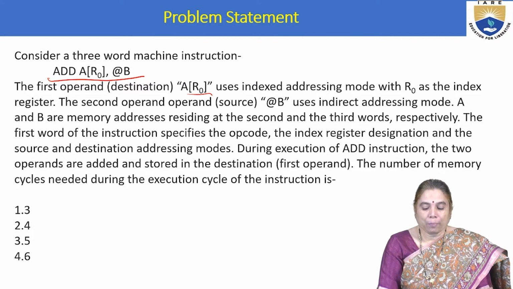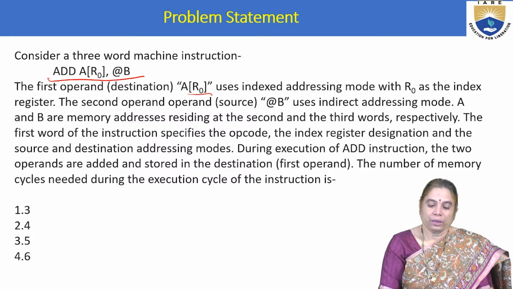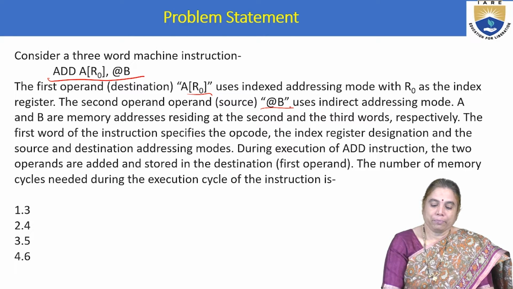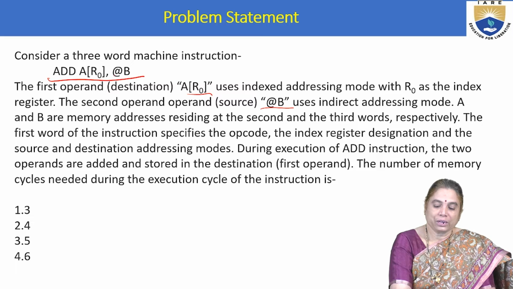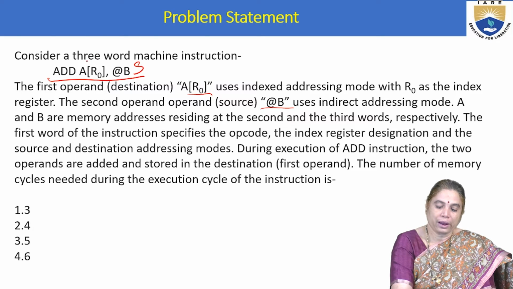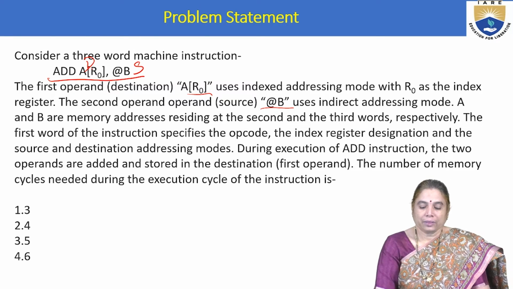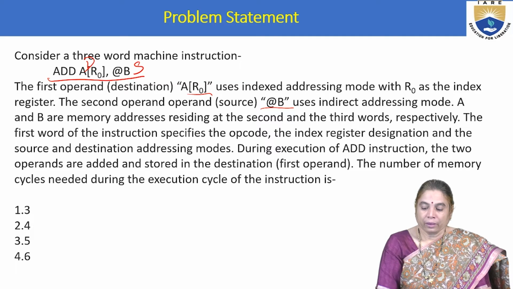The second operand is the source, that is @B. So the instruction has @B as the source and A[R0] as the destination. A and B are memory addresses residing in the second and third words respectively.